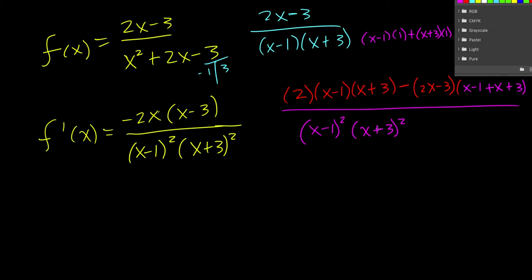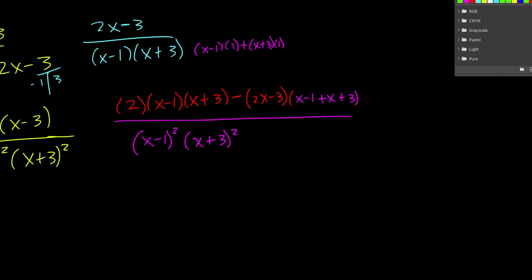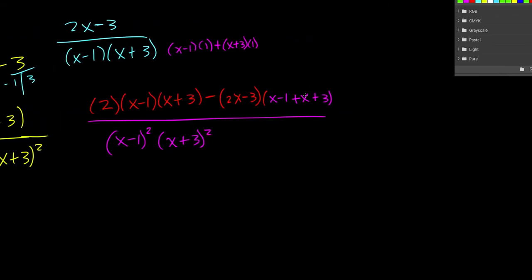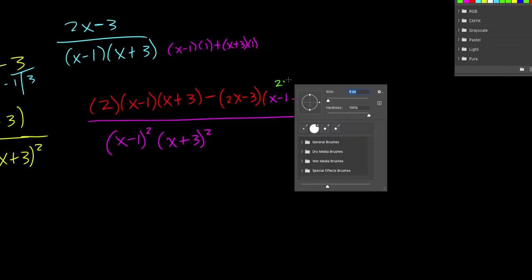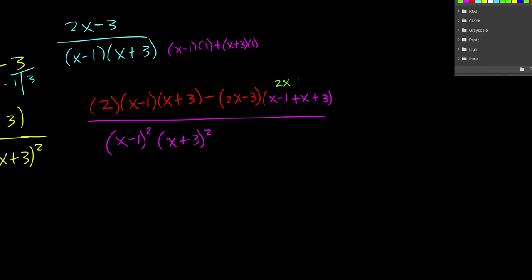Okay. So it really just comes down to a bunch of simplification. Hopefully a bunch of stuff cancels out. But let's see. So we have x and x, so this is 2x plus 2.